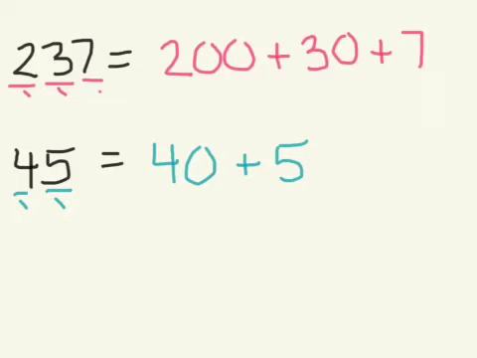So we are going to move on to the part where our multiplying is going to be getting a little bit easier. So I've already drawn our box. Now let's go ahead and put out our two numbers. We have 237 and we have our 45.